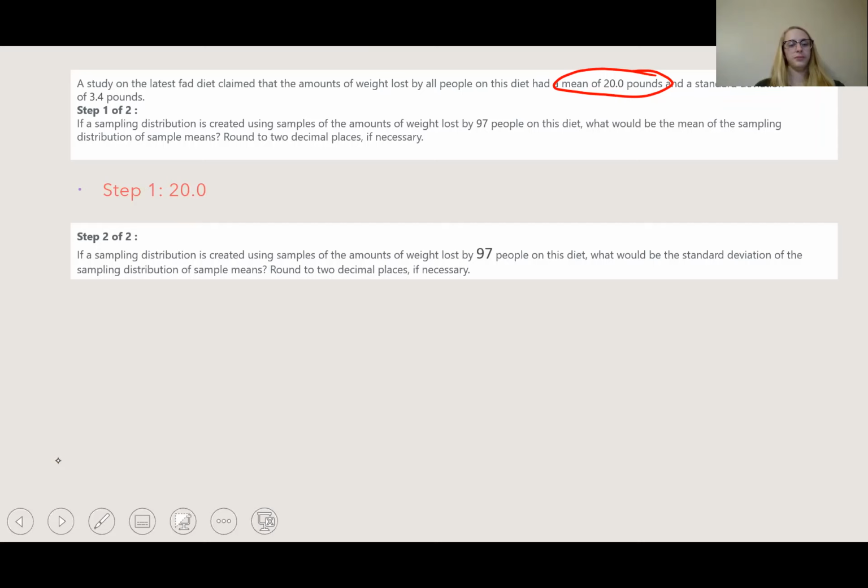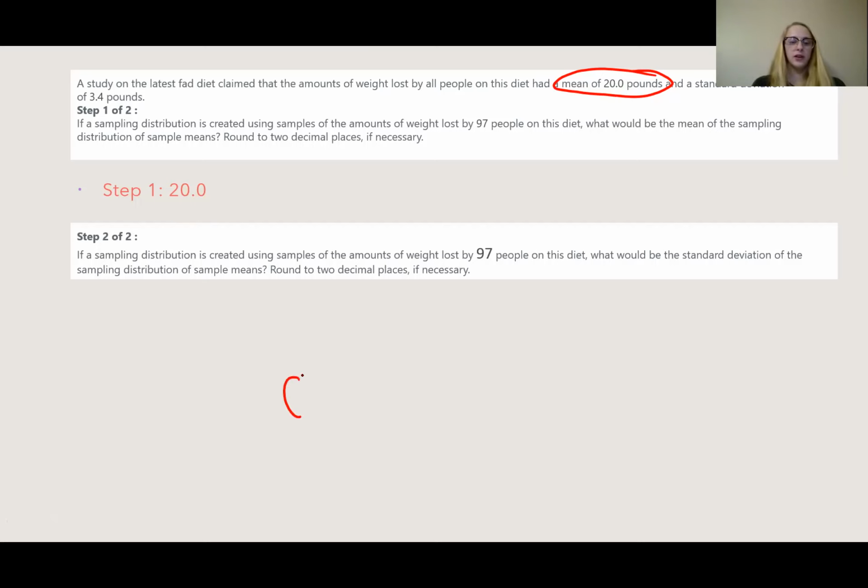All right. Now, step 2 says, if a sampling distribution is created using samples of the amounts of weight lost by 97 people on this diet, what would the standard deviation of the sampling distribution of sample means be? Okay, so let's look here, remembering our formulas that we went over when we discussed the criteria in the beginning.